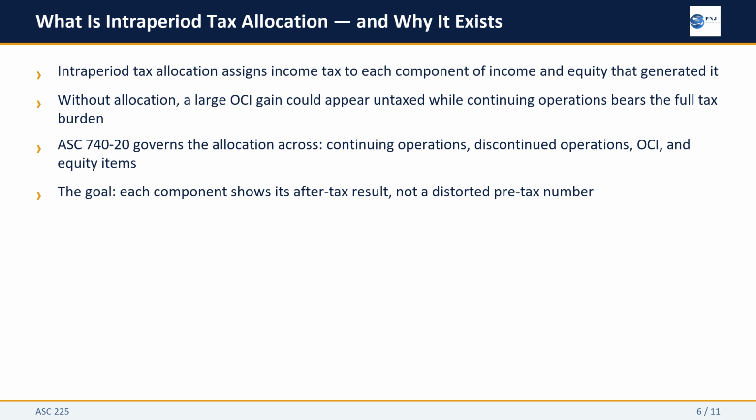That distorts both components. Intraperiod tax allocation prevents this by assigning the tax effect to the component that generated it. ASC 740-20 governs the mechanics across four areas: continuing operations, discontinued operations, OCI, and items charged directly to equity.